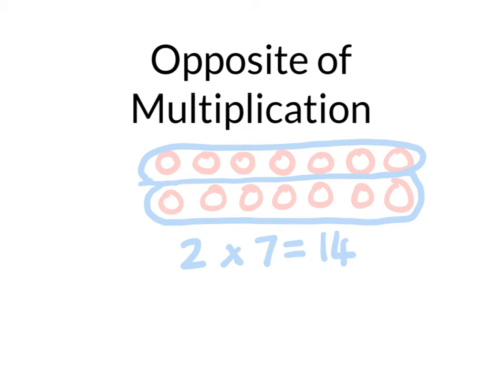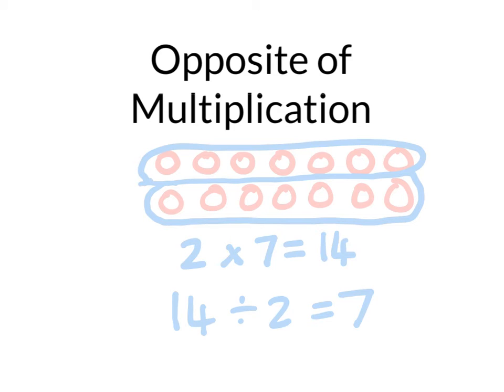Okay, and division is just the opposite. So I can say, let's just work that back the other way. How many things have I got together? I've got 14, and I'm sharing them or grouping them in 2 lots, and that's 7.